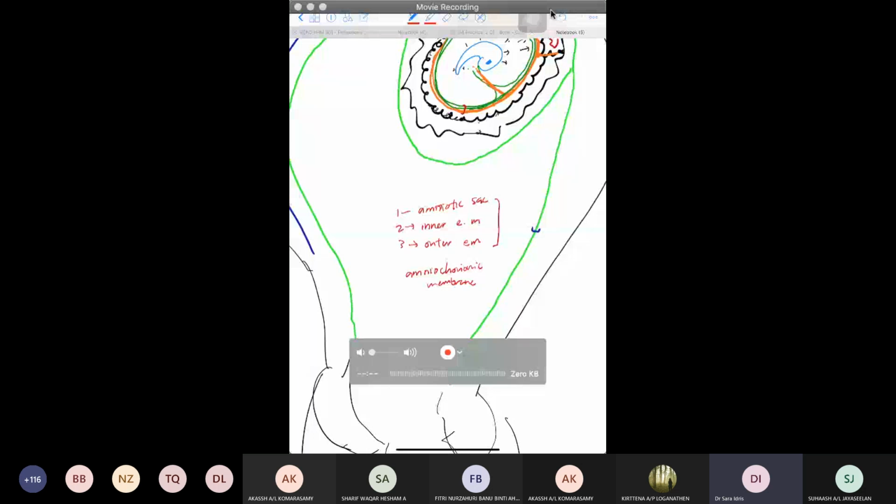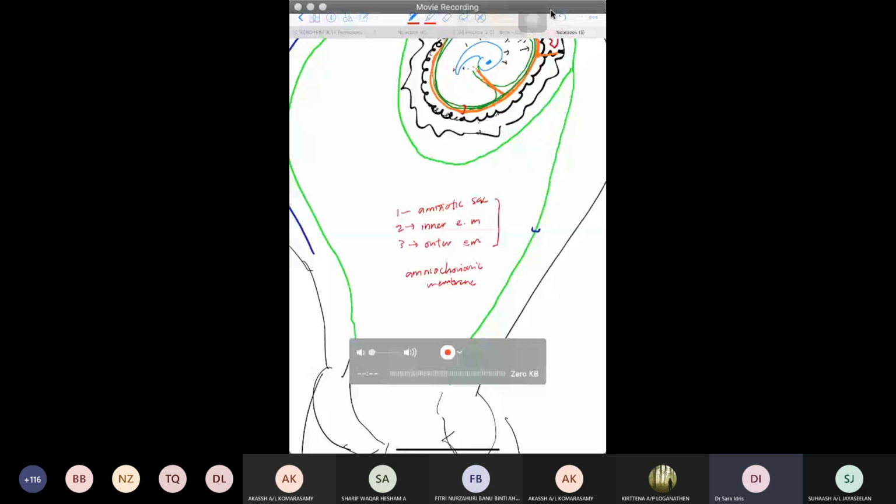And eventually, all these 3 layers, the amniotic layer, the inner extra-embryonic mesoderm, and the outer extra-embryonic mesoderm will all be fused together, and that forms the amniochorionic membrane.